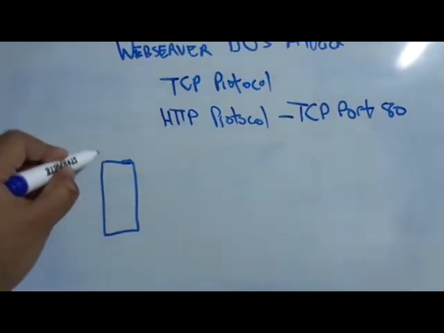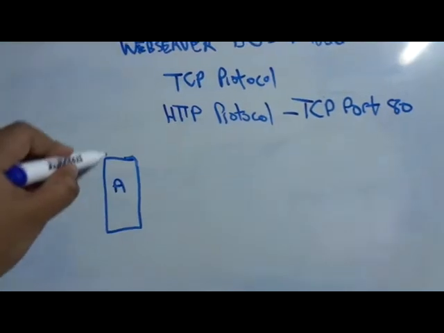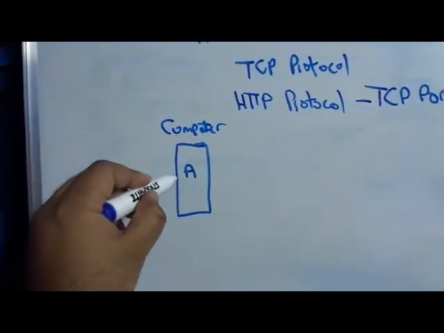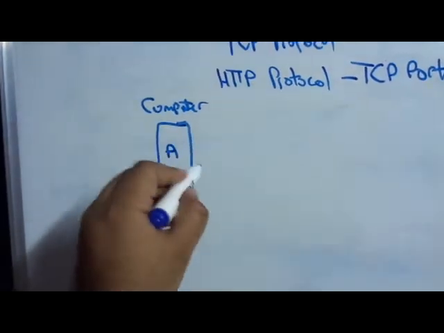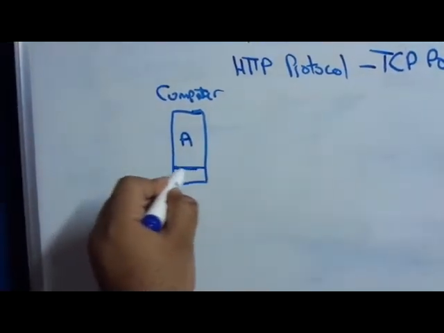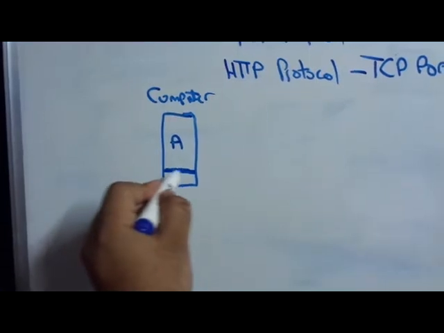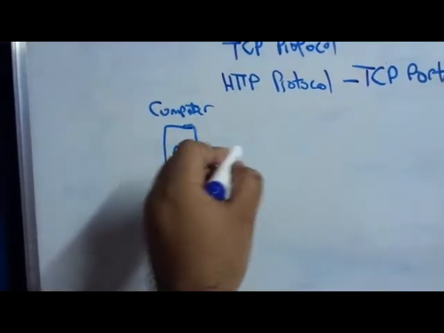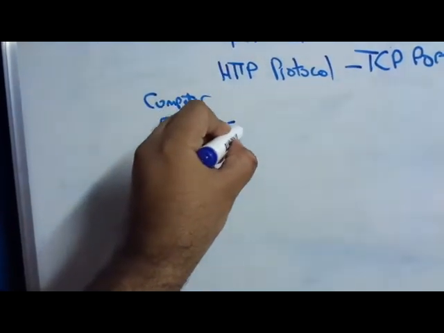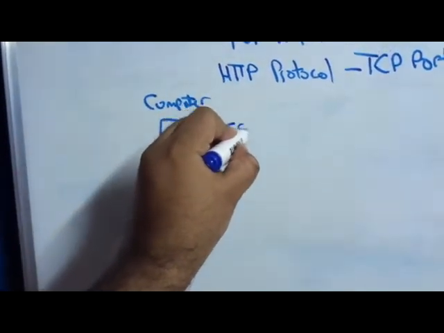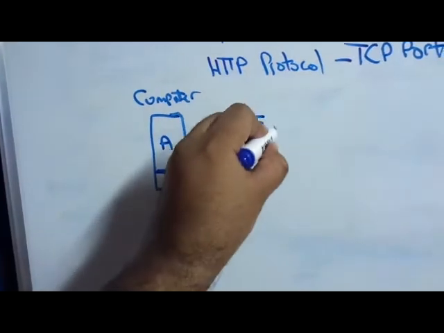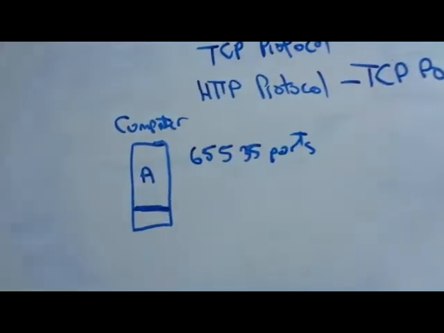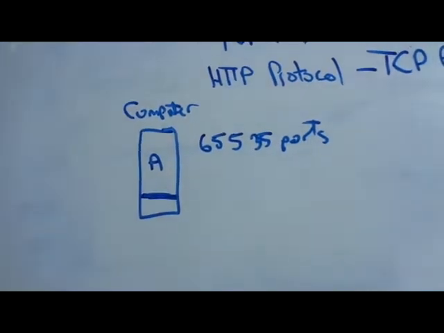Let's call this computer A. This computer has a network card. On the software side of things, this network card has 65,535 ports. And these, as I say, are virtual. They're not entirely real. They're made up.